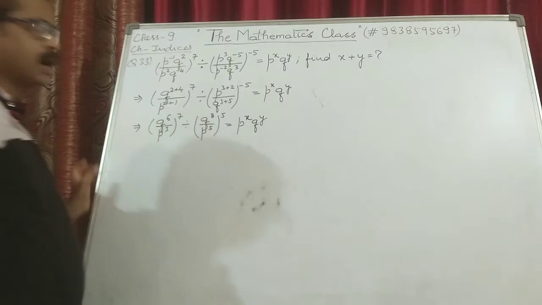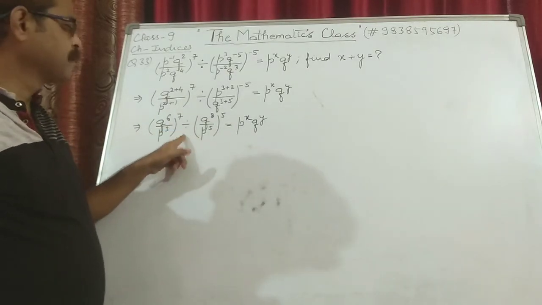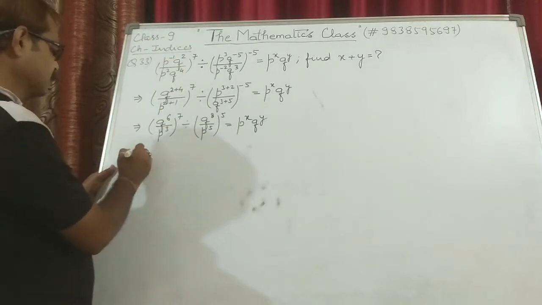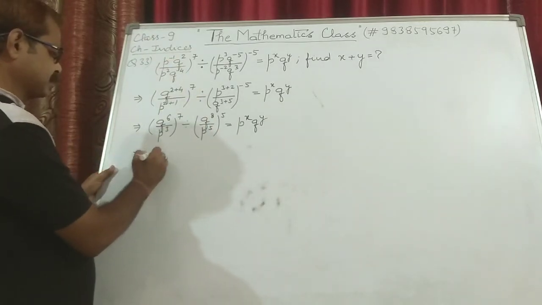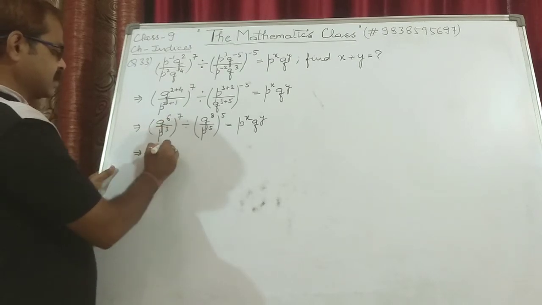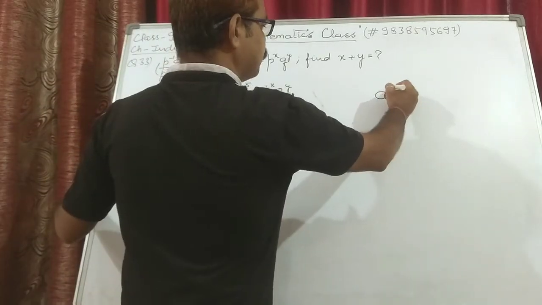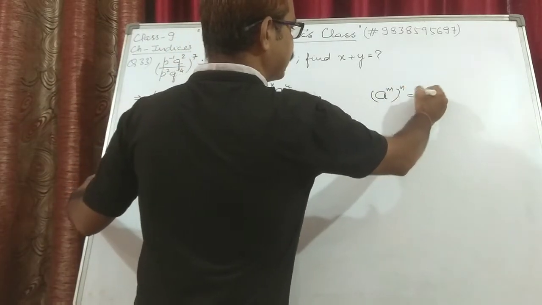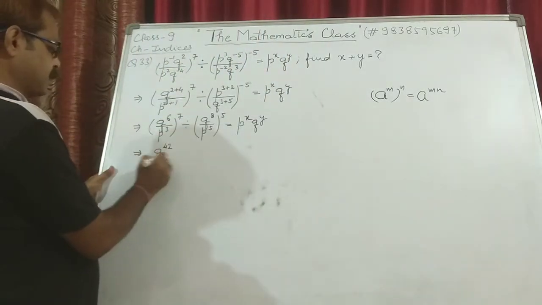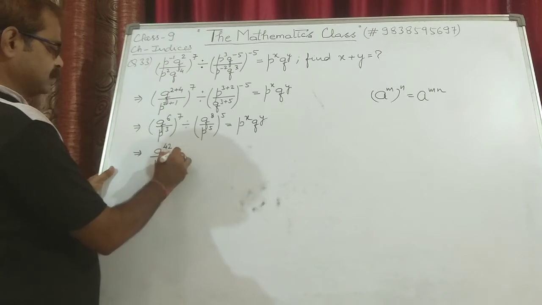We know that according to BODMAS, if there is a division sign, it changes to multiplication and the fraction gets reciprocated. So this can be written as, first we will solve this, q to the power 7 6s are 42, because we know that a to the power m whole power n means a to the power m into n. So 6 7s are 42 upon p to the power 7 3s are 21.